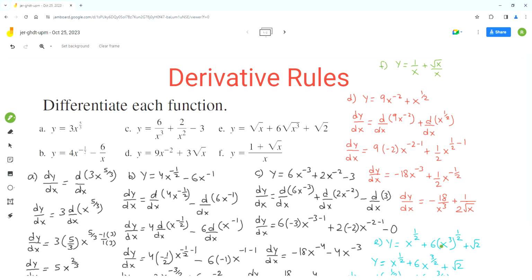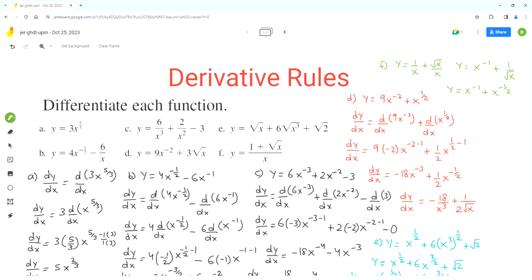And now we can simplify the second fraction. So it will be 1 over x. So 1 over x can also be written as x to the power negative 1. And then plus 1 over square root of x. Now we can rewrite this as y equals x to the power negative 1 plus x to the power negative half, because when you move the square root of x to the numerator, the exponent will become negative.